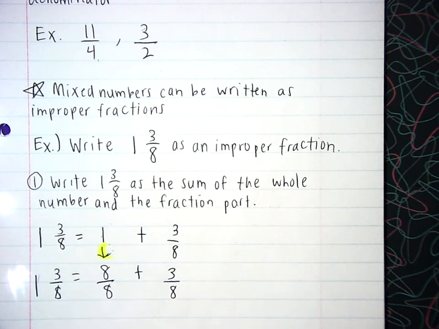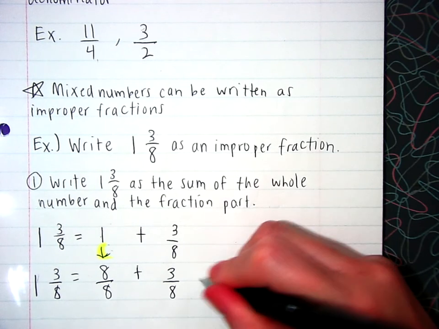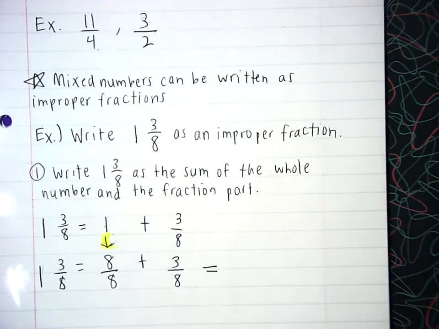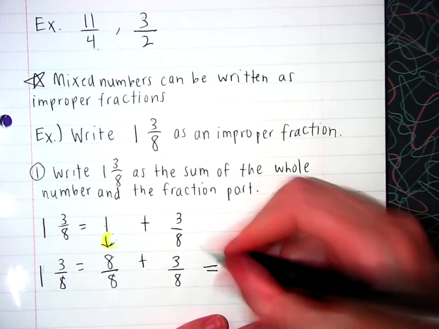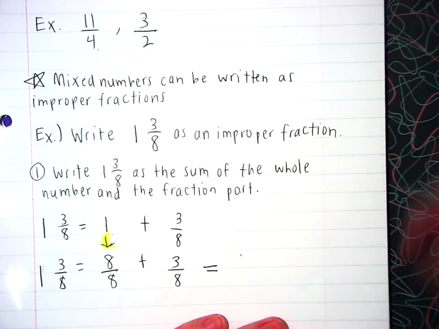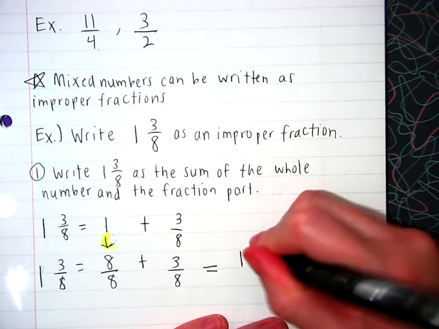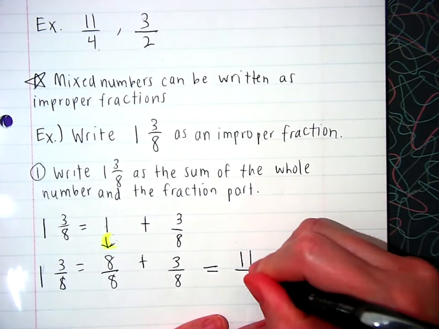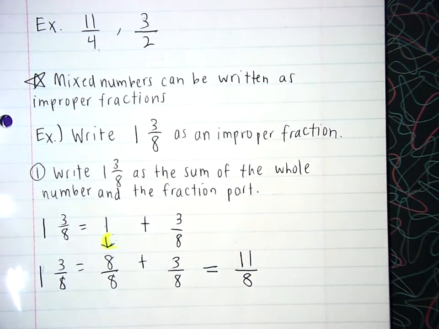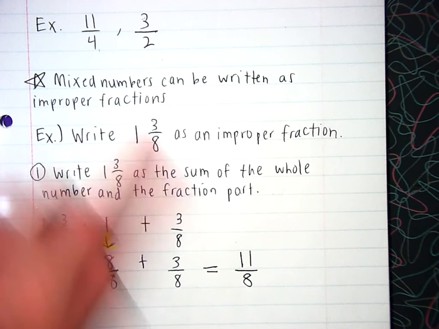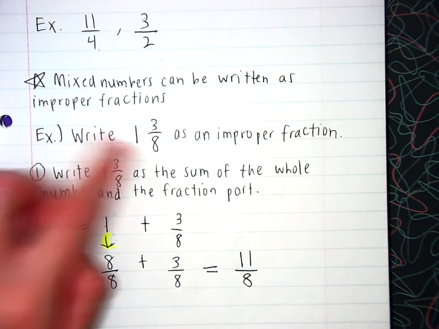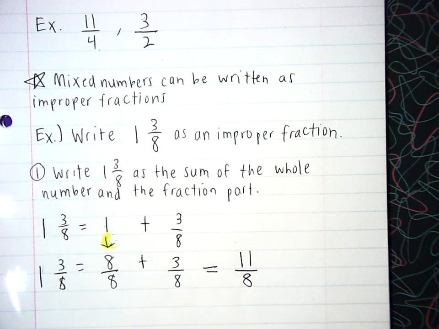You're not going to add 8 plus 8. You're going to keep the denominator as 8 and only add the numerators. So 8 plus 3 is 11, and your denominator would be 8. So your improper fraction for 1 and 3 over 8 would be 11 over 8.